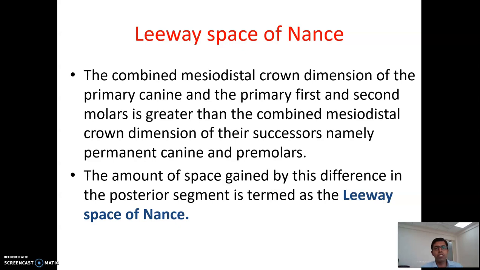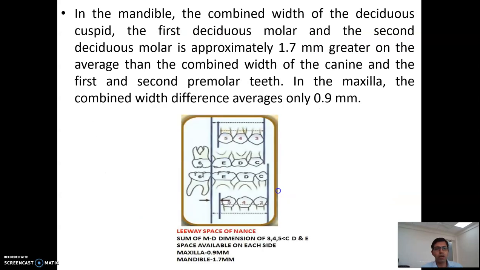The combined mesiodistal crown dimension of the primary canine and primary first and second molars is greater than the combined mesiodistal crown dimension of their successors, namely the permanent canine and premolars. The amount of space gained by this difference in the posterior segment is termed the leeway space of Nance.